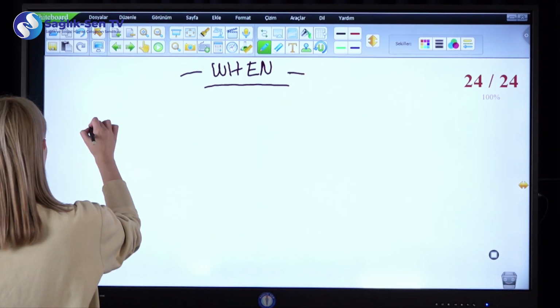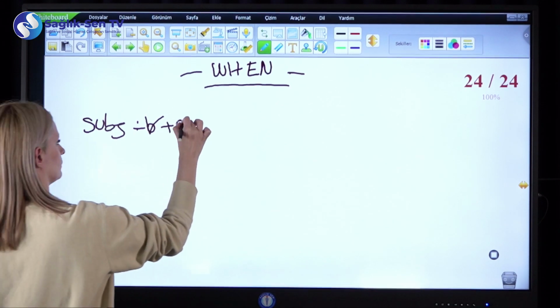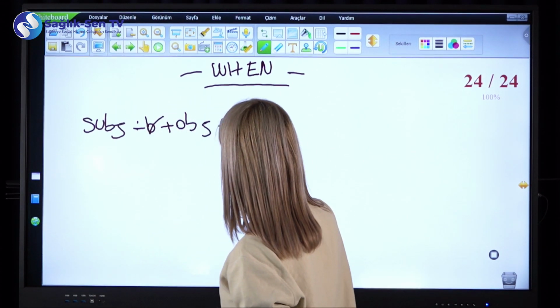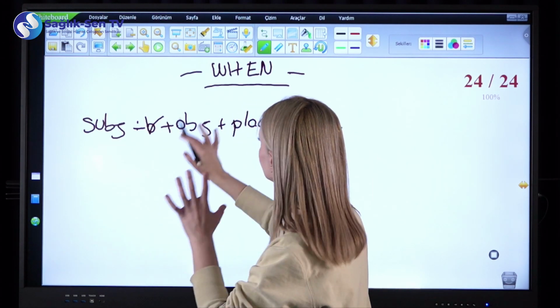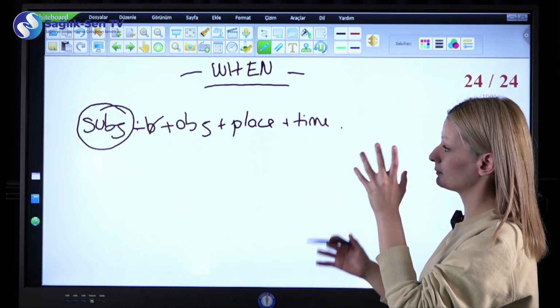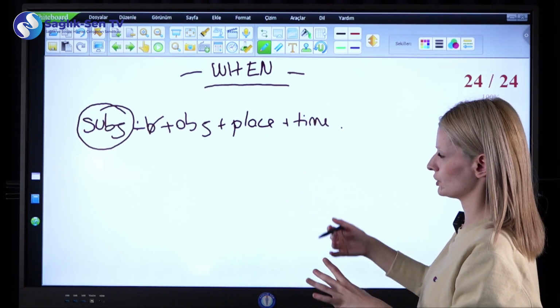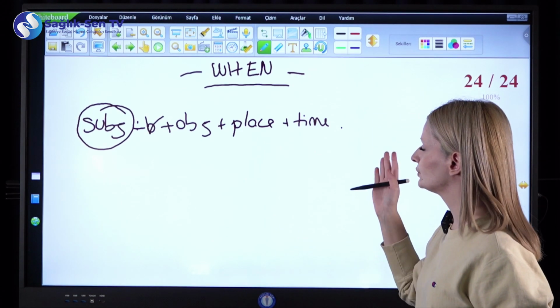People try to, for example, if there is a time in the subject position or in the object position, they try to also use that in relative clause using when.